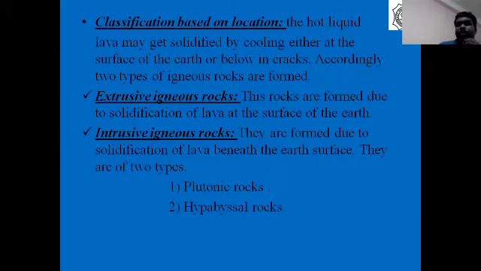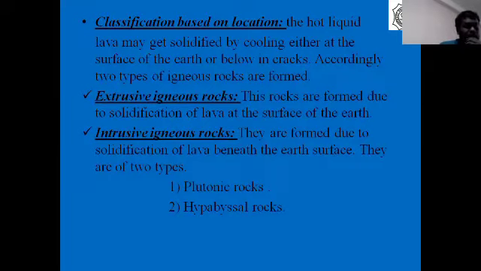Obviously, these rocks have been formed by solidification of lava. Plutonic igneous rocks, or plutonic intrusive rocks, are formed due to the solidification of magma at a greater depth below the surface of the earth.